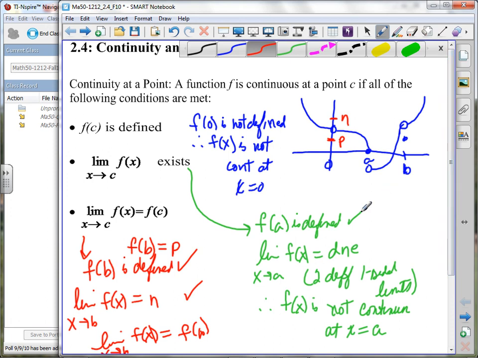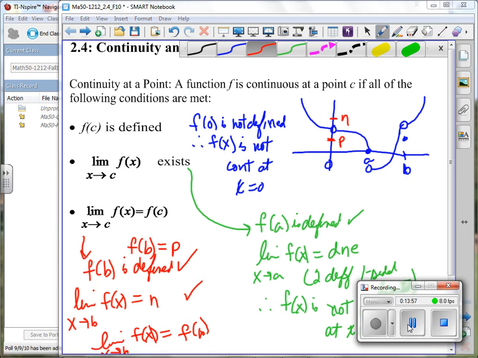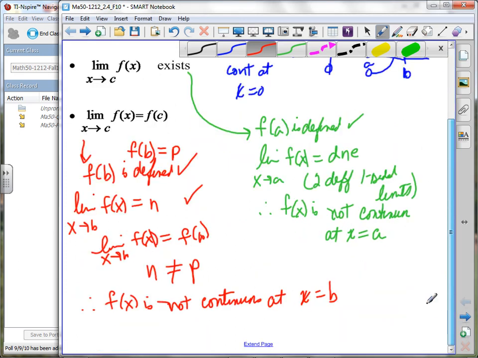Now I'm going to save the recording here. Oh, what to say at the bottom? Before I save it, let's go back and look at that. Sorry, my pen was stubbing here. f of x is not continuous at x equals b. Was that a p? That's a p. What about here?